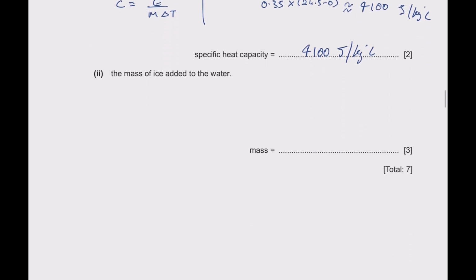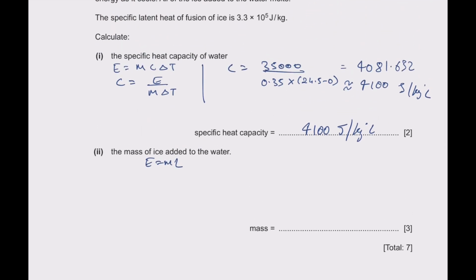Here we will use the latent heat formula, that is E equals m into L. L is the latent heat of fusion of the ice which is given to us in the question, that is 3.3 into 10 raised to power 5 joule per kg, and E is nothing but 35,000, that is the loss of the water, which is gained by the ice only.